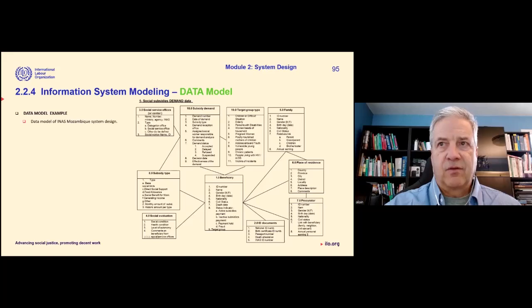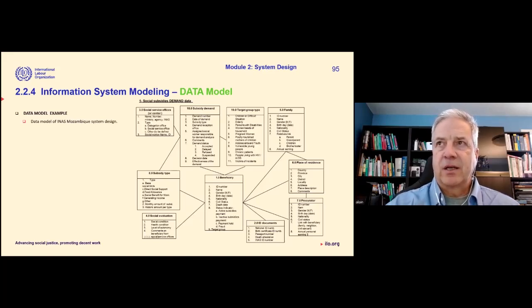We have the full name, the gender, birth date, nationality, and so on. A lot of detailed information describing the beneficiary, which has to be taken into account in the database. Those are all the descriptive elements of a beneficiary.